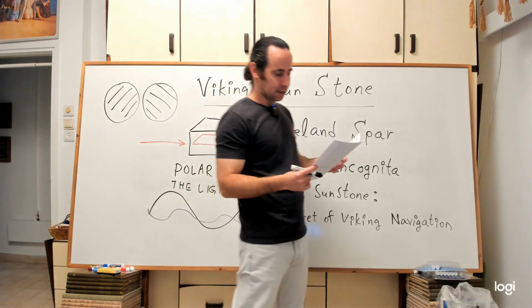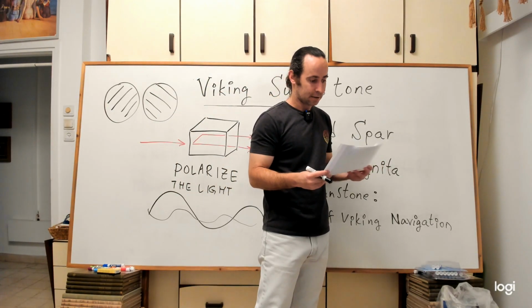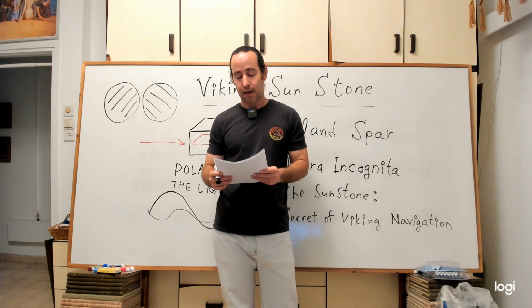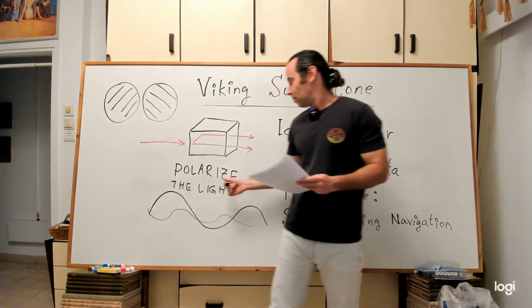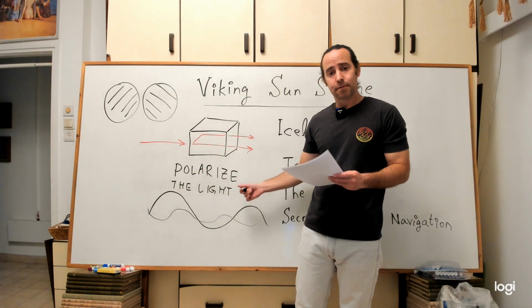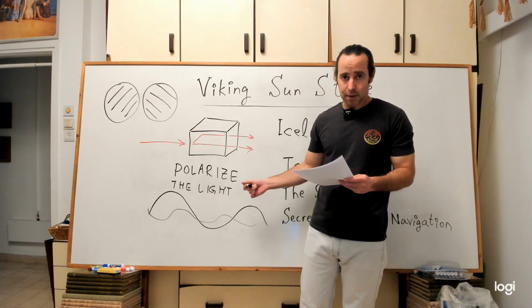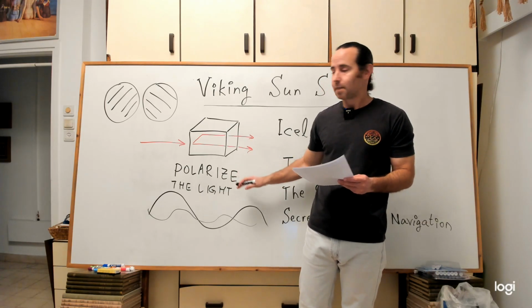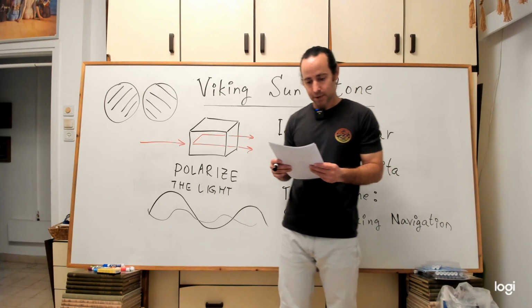It's long to explain, so I don't want to do this like a lecture on polarization. If you look up polarized light on Wikipedia, you'll see a lot of examples and videos.